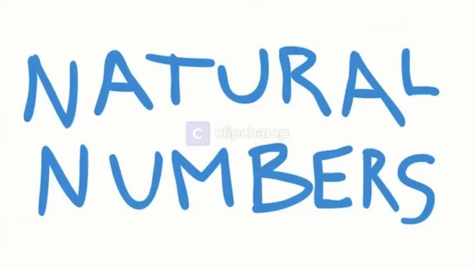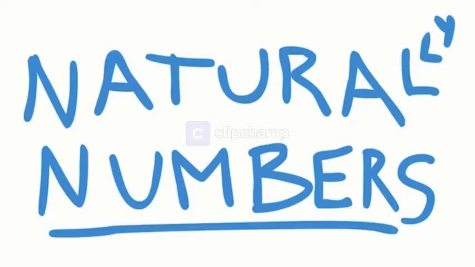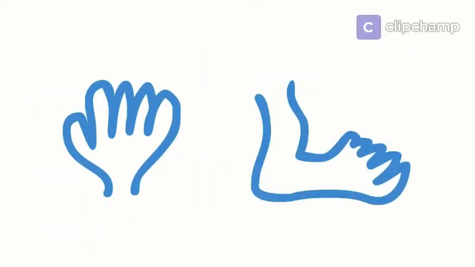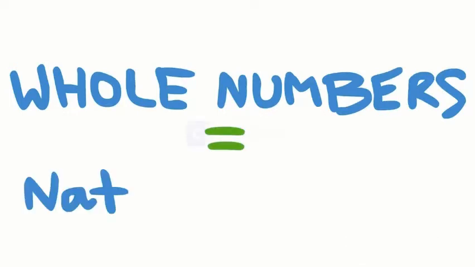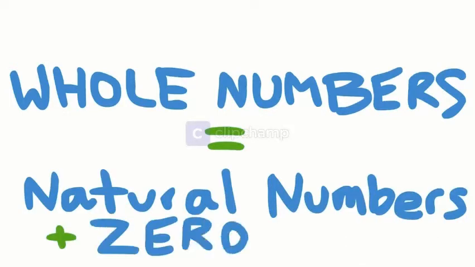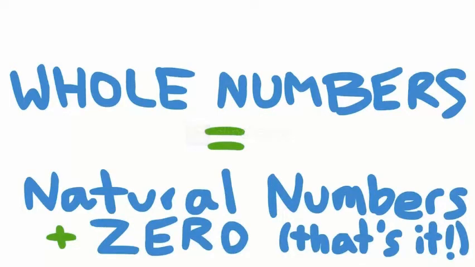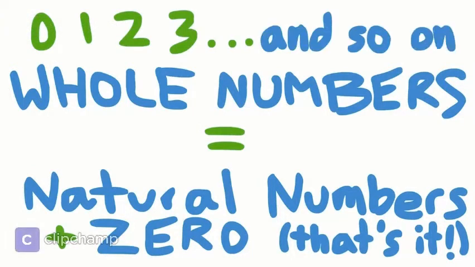Natural numbers are naturally numbers you count on your hands and your feet. 1, 2, 3, 4, 5, 6, and so on. Whole numbers are natural numbers plus zero. That's the only difference. Oh, 0, 1, 2, 3, and so on.